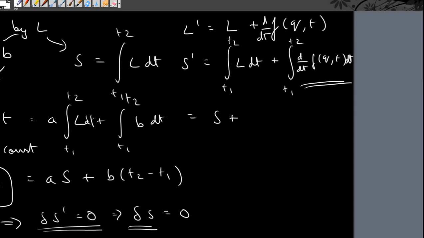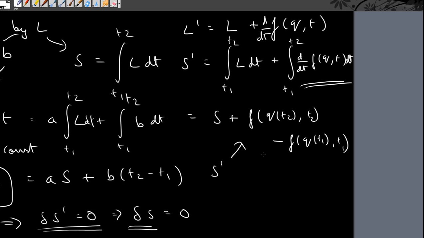There's a d by dt, so the integral of the differentiation of a function will give back the function, and since it's a definite integral, we have to substitute the boundary values, and therefore this will simply become f of q of t2, t2 minus f of q of t1, t1. Okay, so S dash is now equal to this.